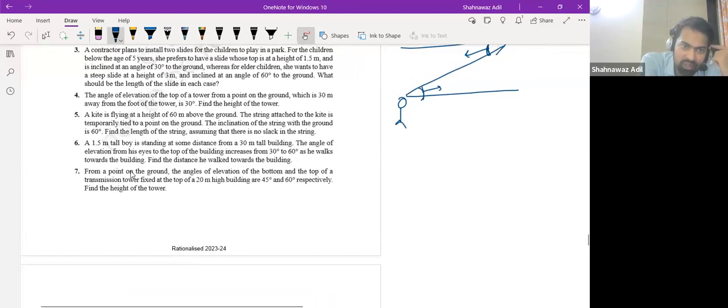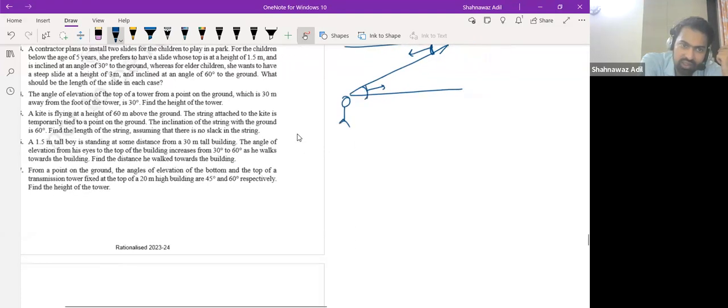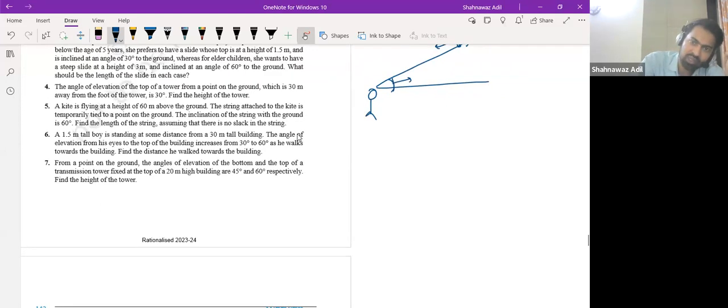So from a point on the ground, the angle of elevation of the bottom and top of a transmitter tower fixed at a 20-meter high building are 40 degrees, 45 degrees and 60. This is a similar kind of question.